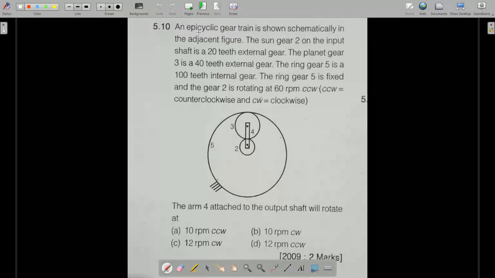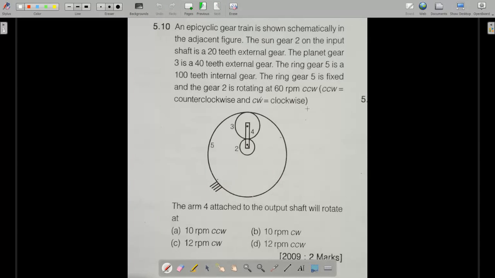The question is: an epicyclic gear train is shown in the diagram. Gear 2, the centermost, has 20 teeth, external gear, and the planet gear, number 3, has 40 teeth, external gear. Ring number 5, the bigger circle, is an internal gear with 100 teeth.